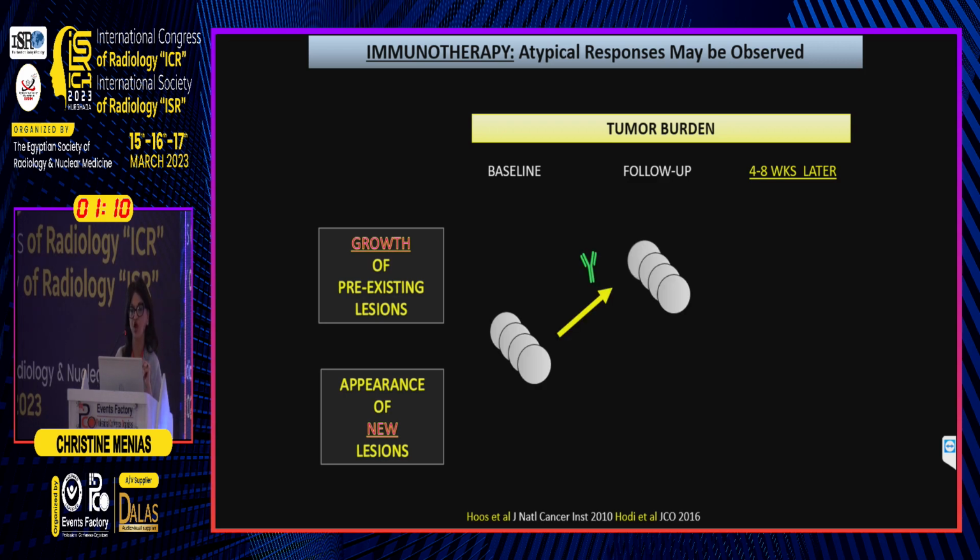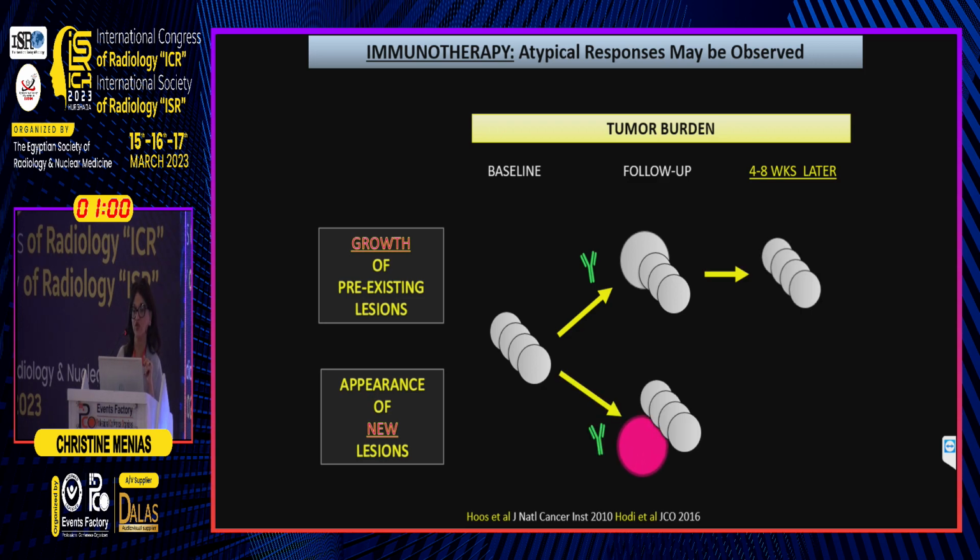This is what we call a pseudo response, a pseudo growth. You get growth of tumor or even new lesions. The patient is kept on immunotherapy according to the protocol, and then you could see a decrease in the tumor and in the new lesions.